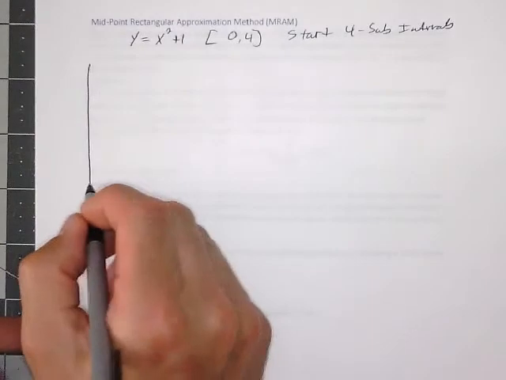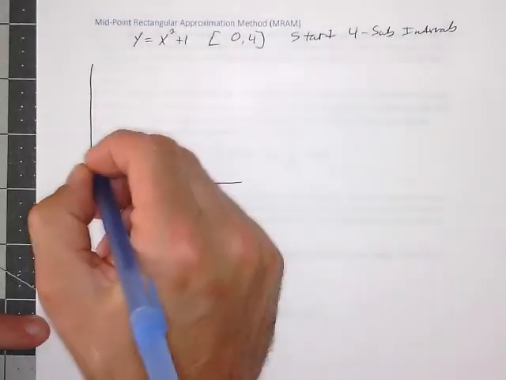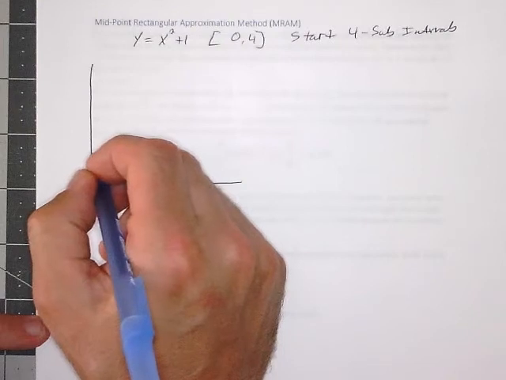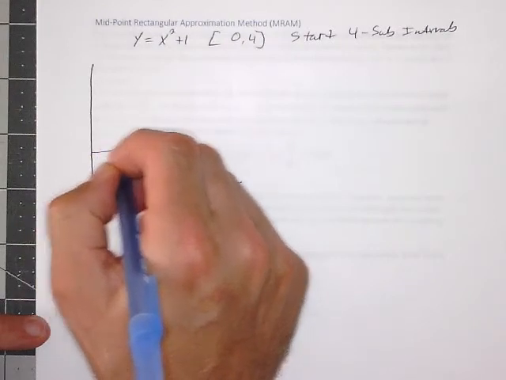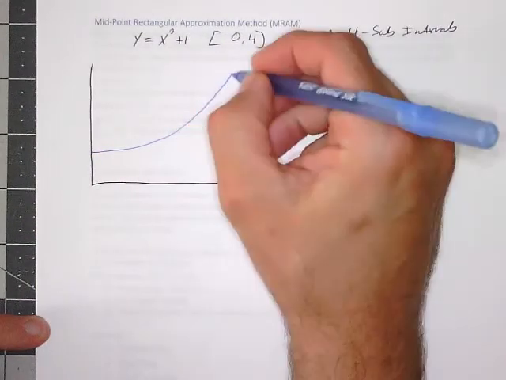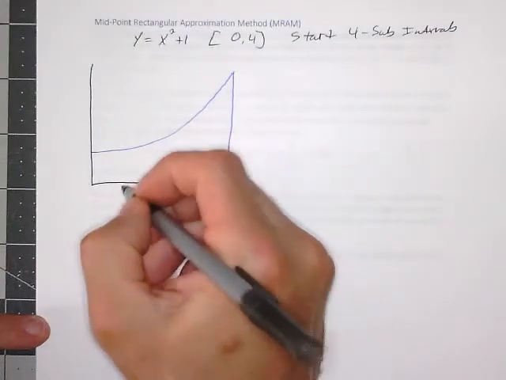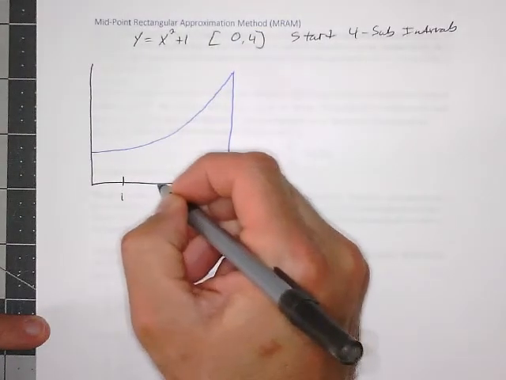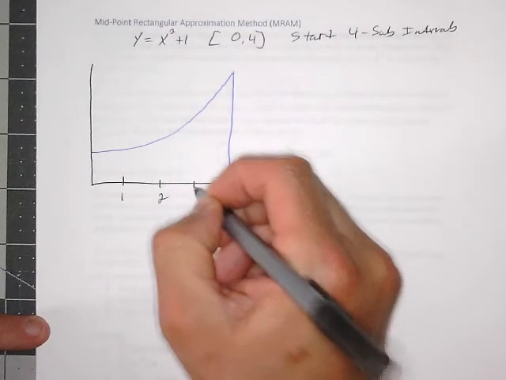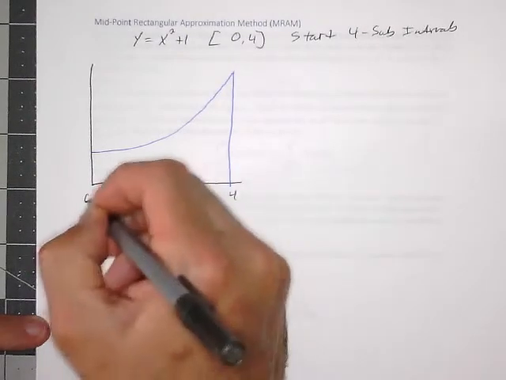So again, start off by drawing our picture. So here's our graph. One, two, three, 4, and there's 0.